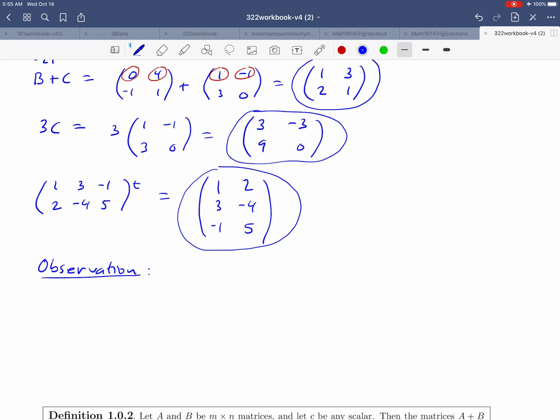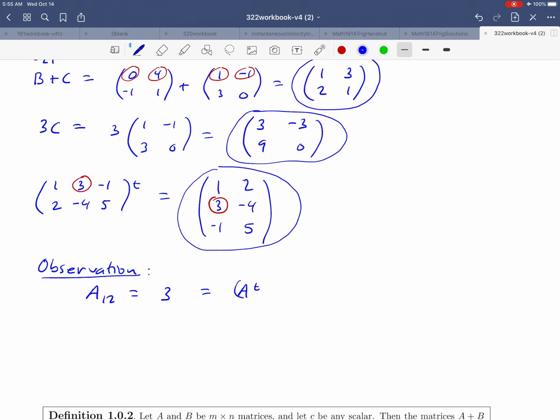I want to pick on a couple of entries in the matrix. For example, A1,2. That's the entry in the first row and the second column of A. That's the 3 that we've got here. And we could ask the question, where does that 3 end up in our transposed matrix? Well, it ends up right there, and notice that that's in the second row and the first column.